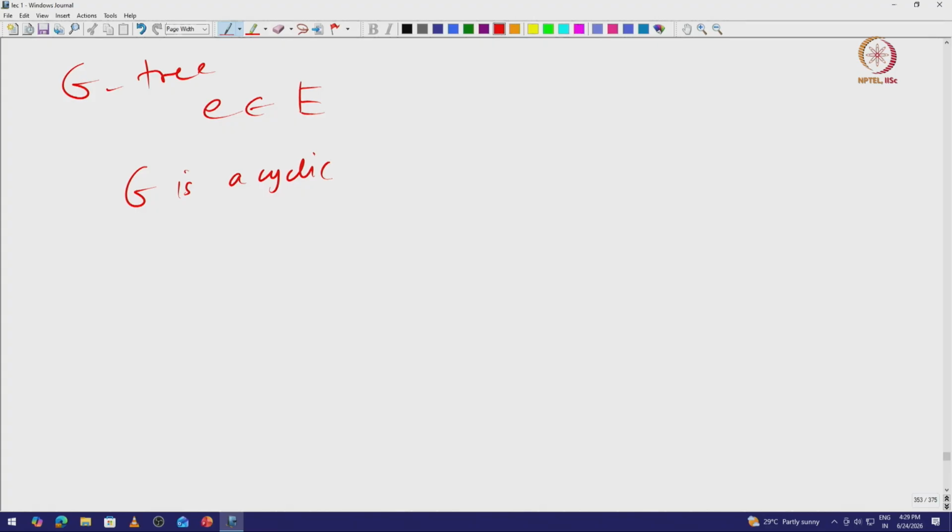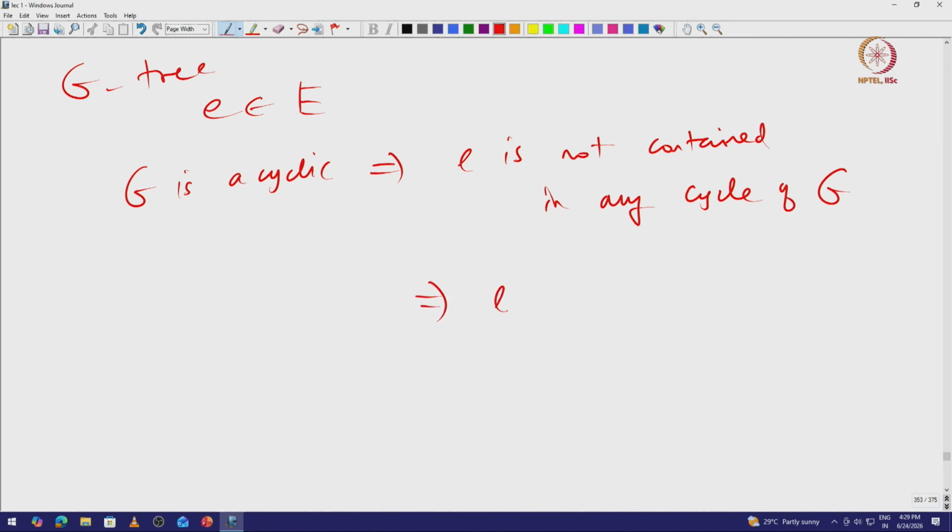So, E cannot be contained in any cycle of G, because G itself does not have any cycle. So, that would imply from the previous observation that E is a cut edge.